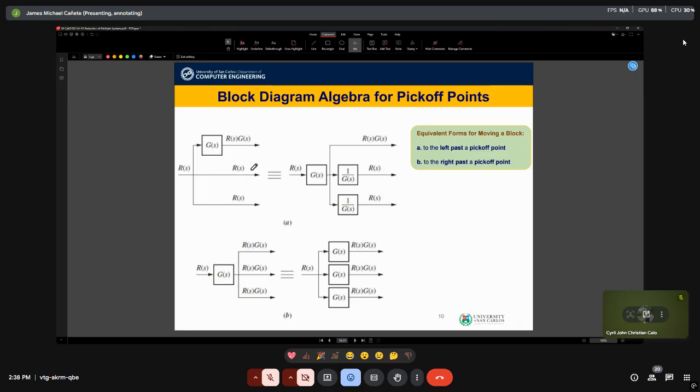So that is the equivalent move from right to left for pick-off points. If you follow the path of the arrows and the basic block diagram representation of transfer functions, this is equivalent to this one overall.